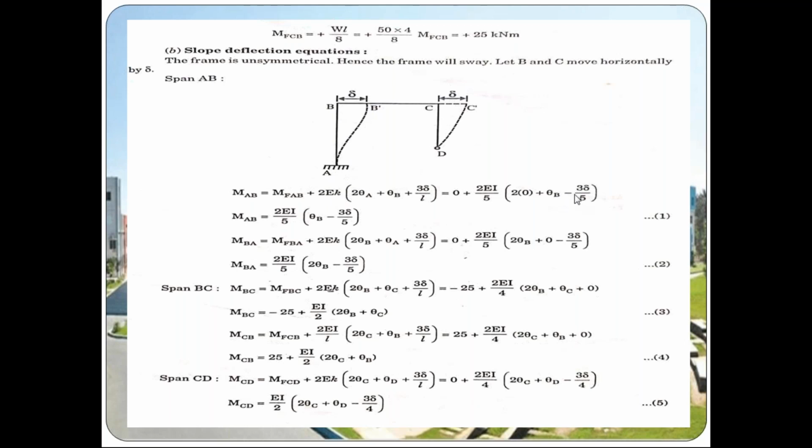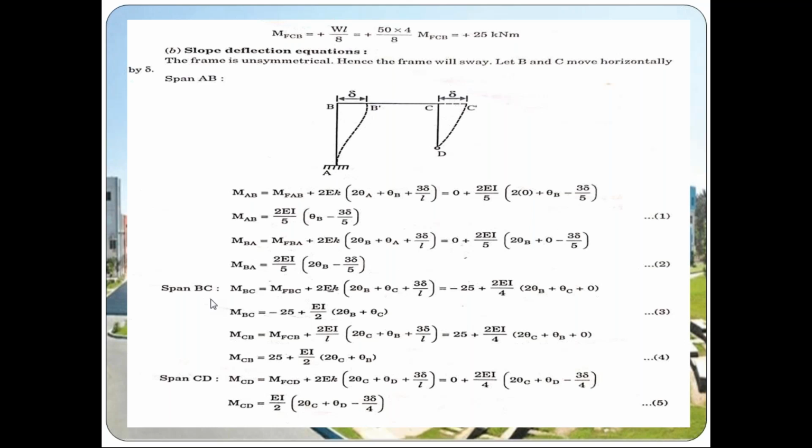So here we have to put minus symbol. So minus 3 into delta, we don't know, we have to calculate delta, divided by L. L is nothing but span length of AB, 5 meter. So MBA is also 2EI by 5 into 2 theta B minus 3 delta by 5. So this is for span AB.